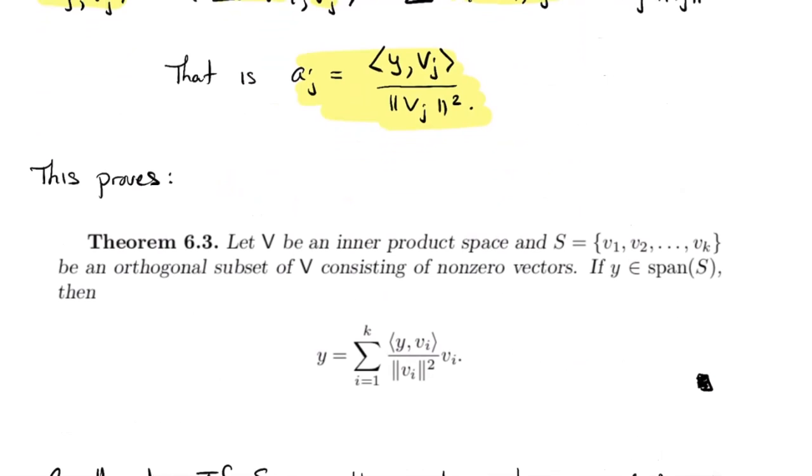It just kind of says exactly what we just did. If you take an orthogonal set of non-zero vectors, so no vector in there is 0, then for any element in the span, the coefficients that you need to write it as a linear combination are the inner product of that element with the ith basis vector divided by the length of the ith basis vector squared. Or when I say basis vector, I mean element of the set S. Cool.